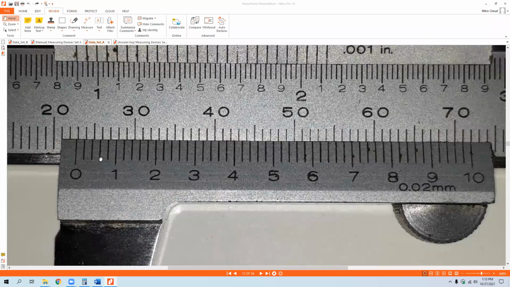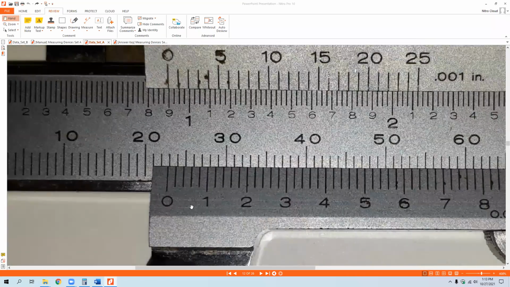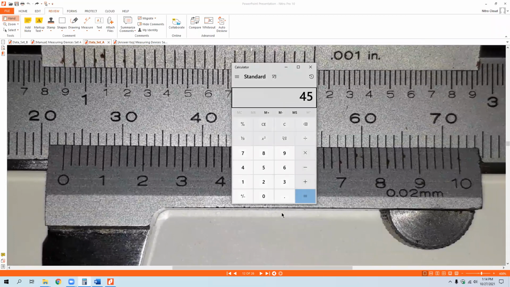Okay, so for this example here, this is trial 1. My main scale measurement is 22. Hindi siya umabot ng 23. And my fractional scale lines dito tumatapat sa 45th line halos. So again, this is part of my judgment. So that is 45 lines times 0.02. So that's 0.9.